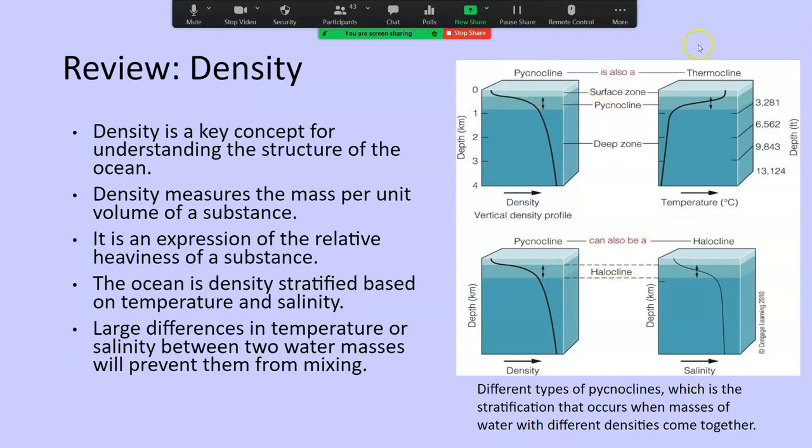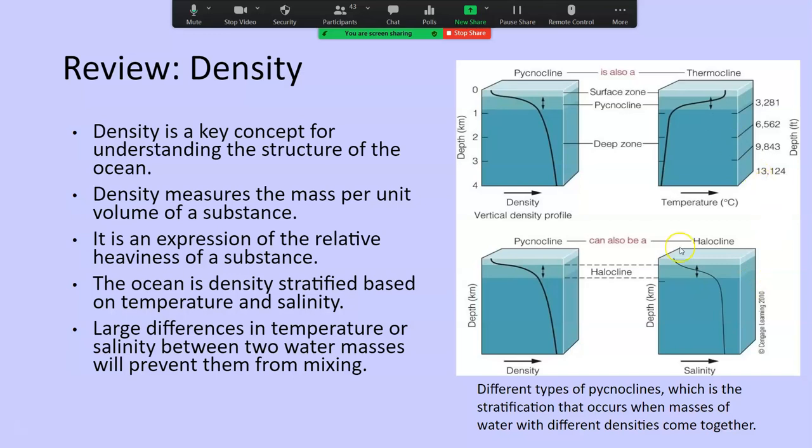So just to go over this image over here, we have a couple of different types of density stratification that occur. One is a thermocline, which is where stratification occurs because of differences in temperature. Warm water will sit on top of cold water. When that water cools, it will sink. When water heats up, it will rise.